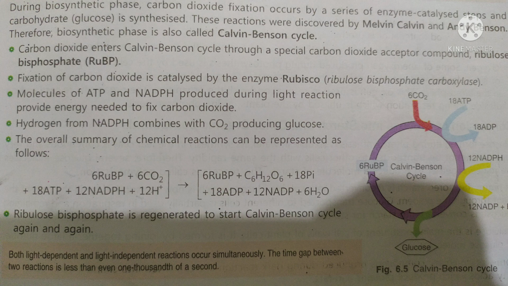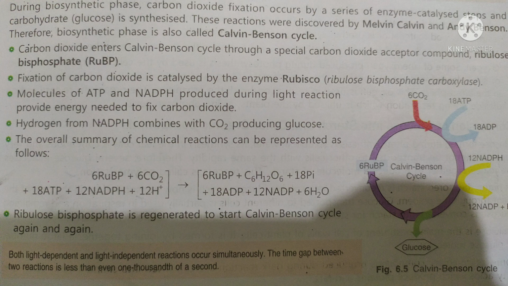Since the first stable compound is a 3-carbon compound, it is known as the C3 cycle. So the first stable compound is 3-phosphoglyceric acid.